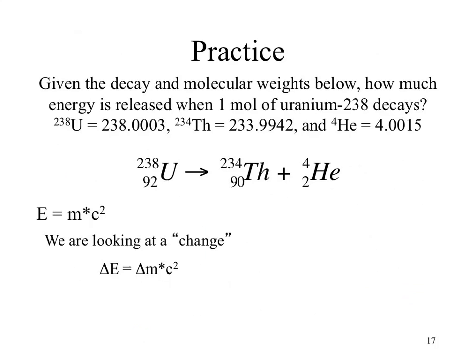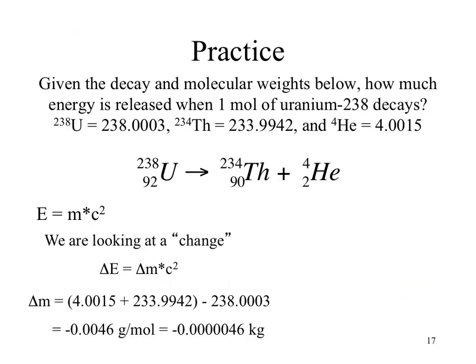Okay, so to do this math, what do we need to do? Plug it in and we can get our unit conversion. So we've got a difference in mass, a negative 0.0046 grams per mole.